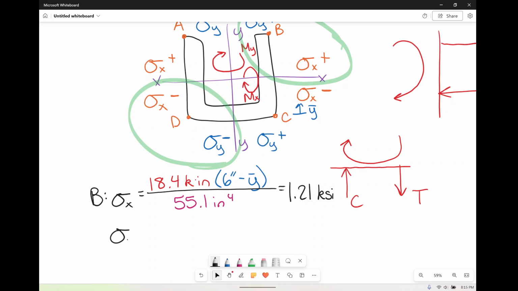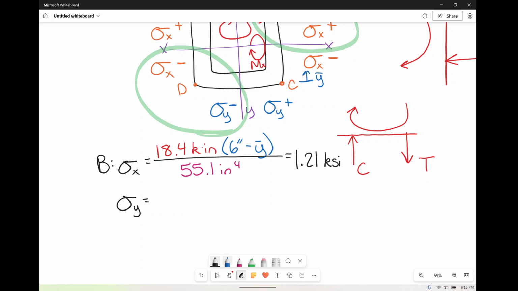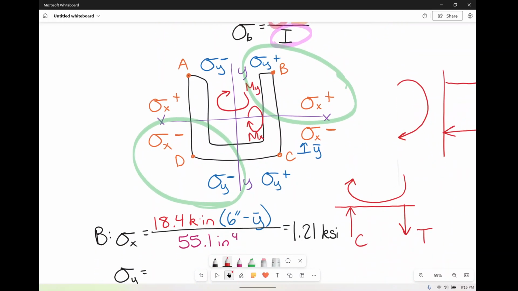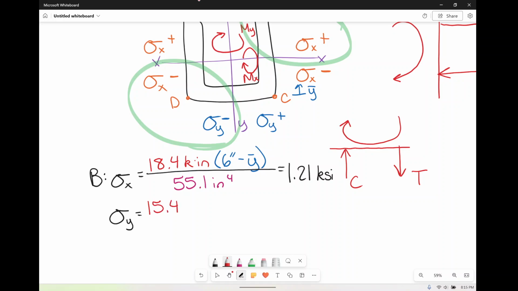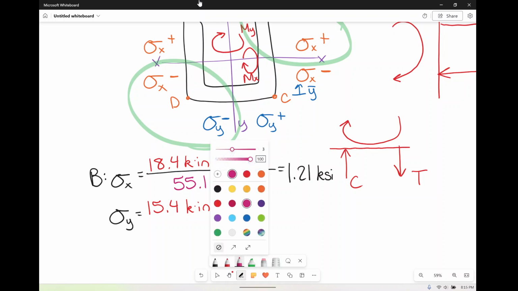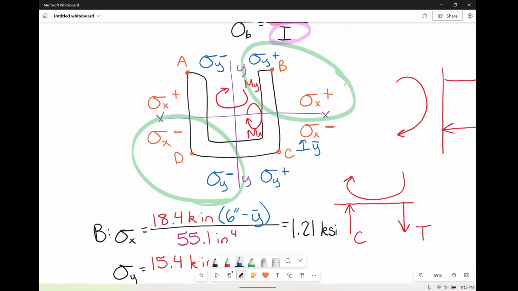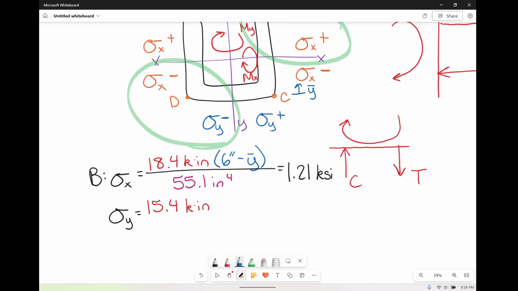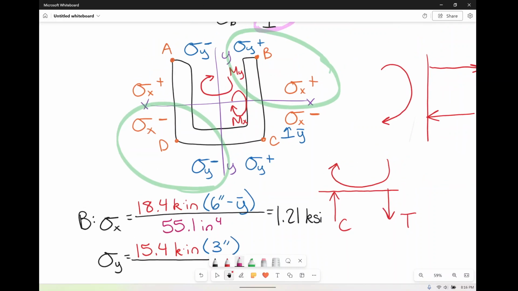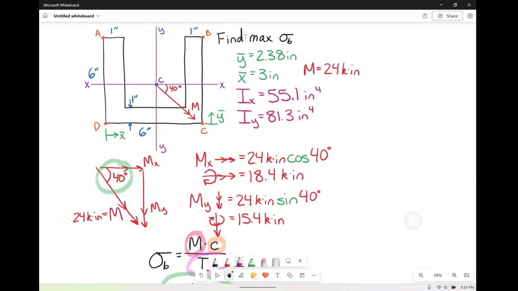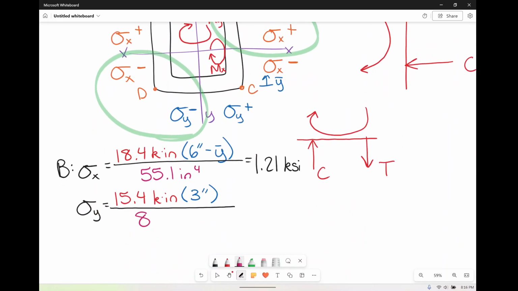Now we'll do the same thing, but for the y direction. For the y direction, our bending moment in the y direction is 15.4 kip inches, and the distance to the y-axis from point B, conveniently, this is symmetrical about the y-axis, so it is going to be that x bar distance, which again was just 3 inches because of the symmetrical shape, divided by Iy, which is 81.3 inches to the 4th.